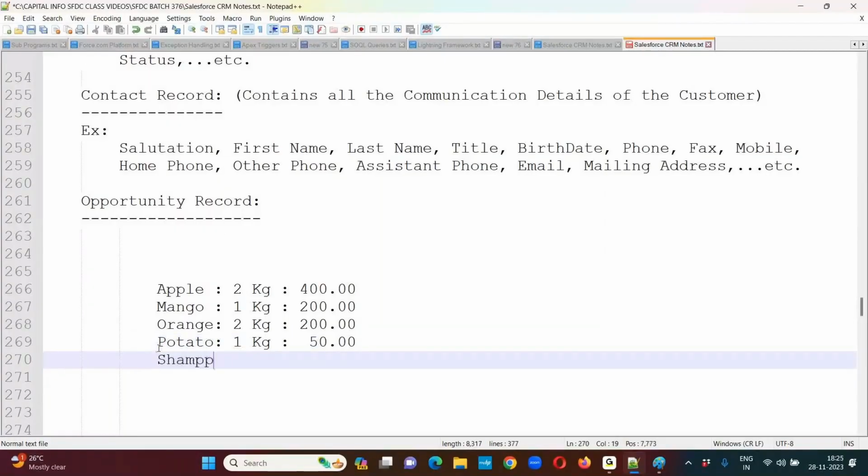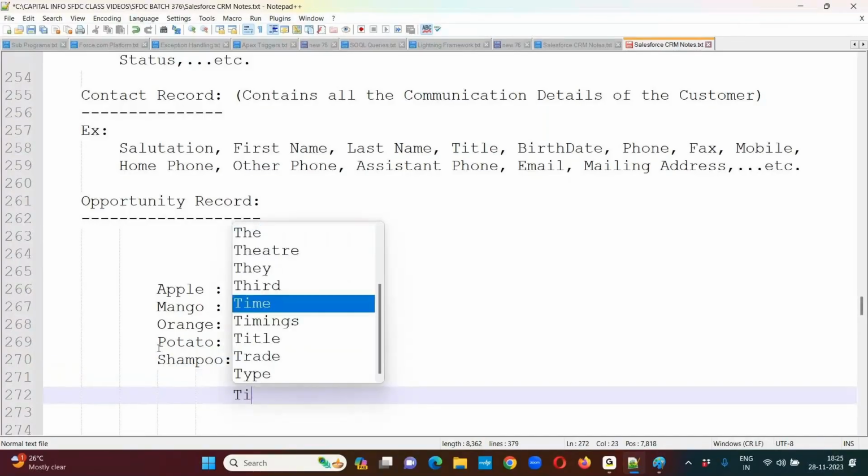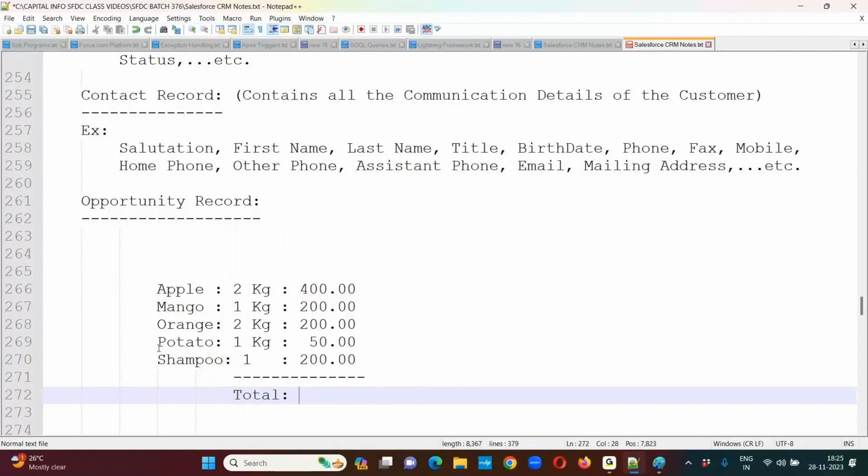A shampoo bottle, one, which is some 200 rupees. So these are the products I have selected. Now they are generating the bill. The total bill amount is 1050 rupees.